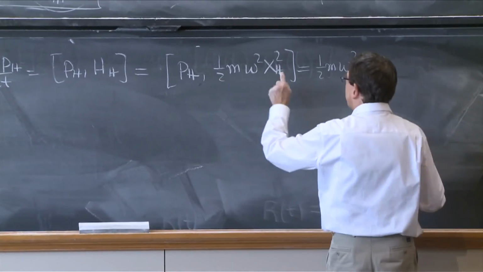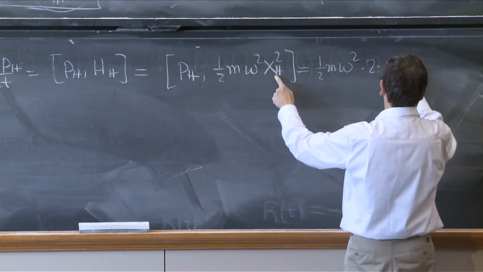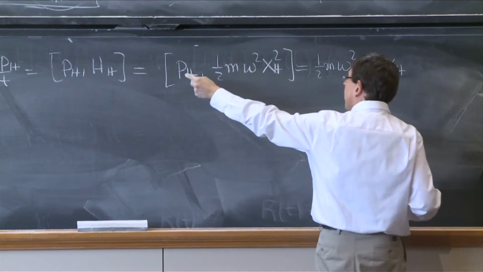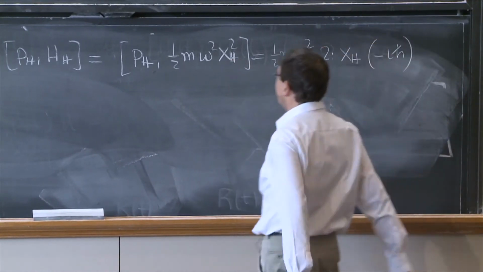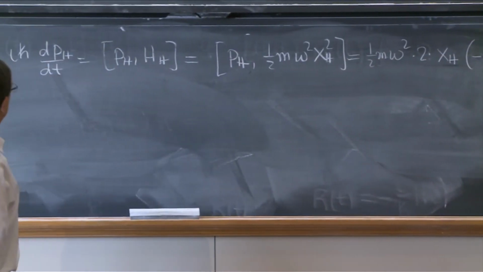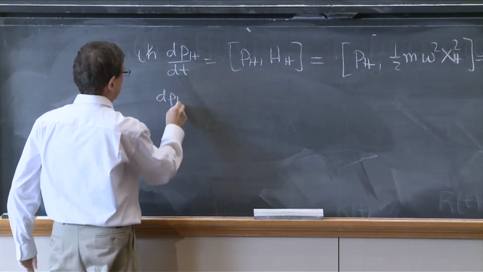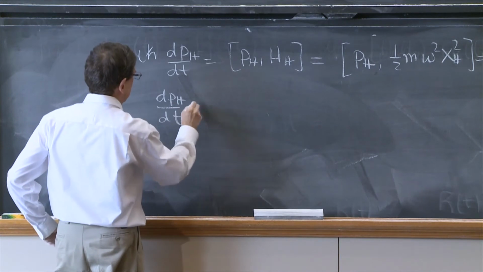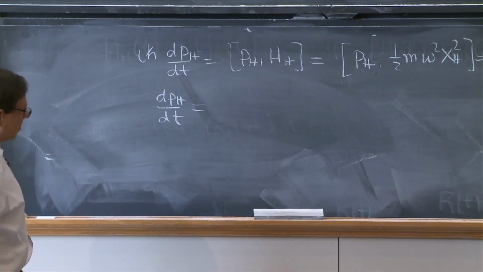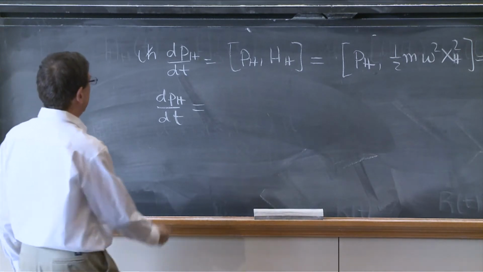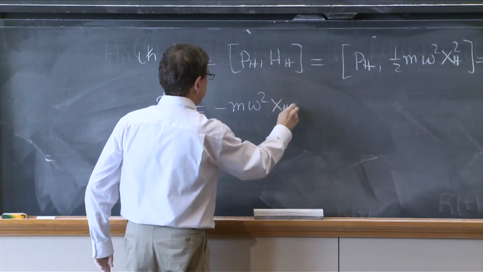Then we get, again, a factor of 2. Then we get 1 left over x H. And then a p with x H, which is a minus i hbar. So the i hbars cancel, and we get dp H dt is equal to minus m omega squared x H.